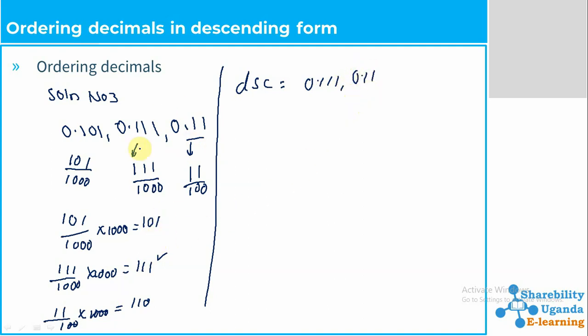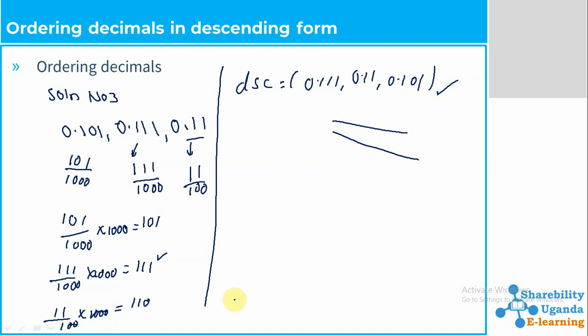Then lastly we have our 0.101. So here we shall have arranged them in a descending order. So that's how we deal with descending of these numbers.